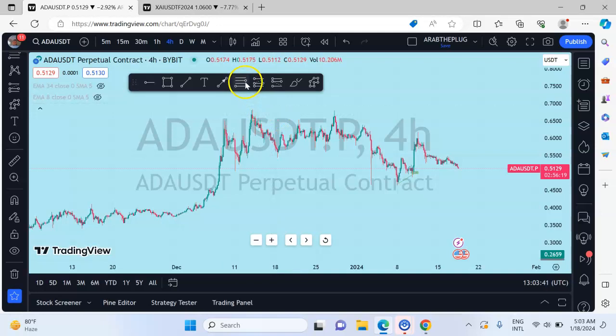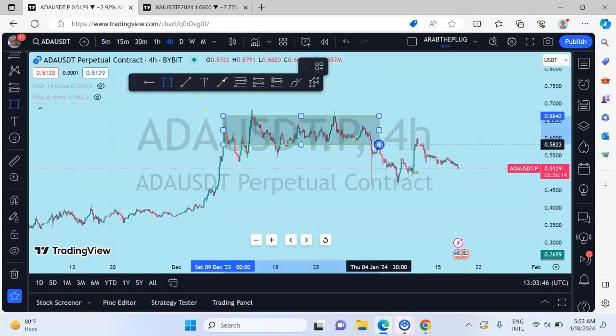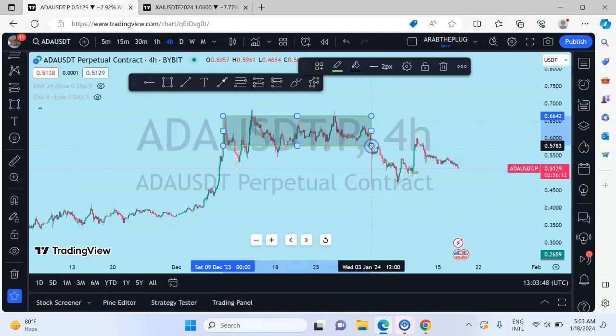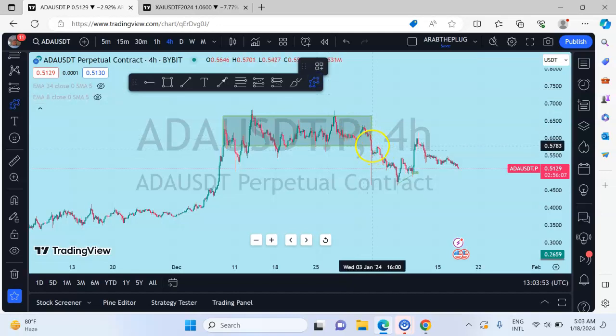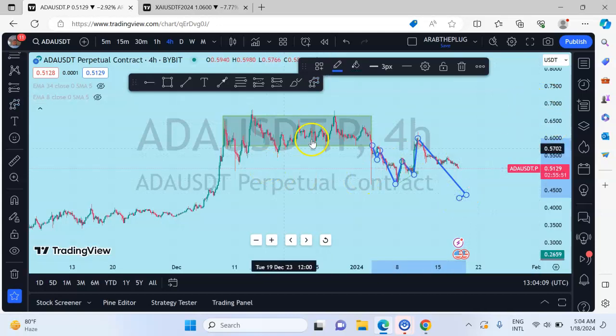Even though this particular place is a range, when the range ended, the market started creating lower highs, lower low, lower highs, lower low. This point, it created something here and started coming down. So you can see it's still in a downtrend because of the structure. This particular movement is an uptrend. This place is a range, then it started falling down.